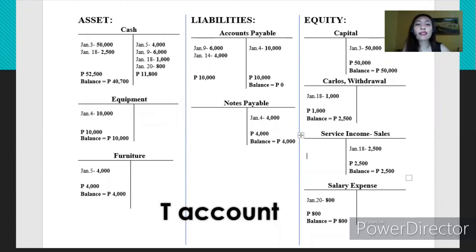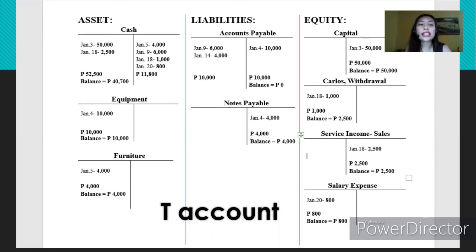Given we have exercise number 1 a while ago, what we did is collect all the transactions for each particular account. Let's take it for example. Let's focus first on assets. The assets we have here are cash, equipment, and furniture. These are the items that appear during the transactions.